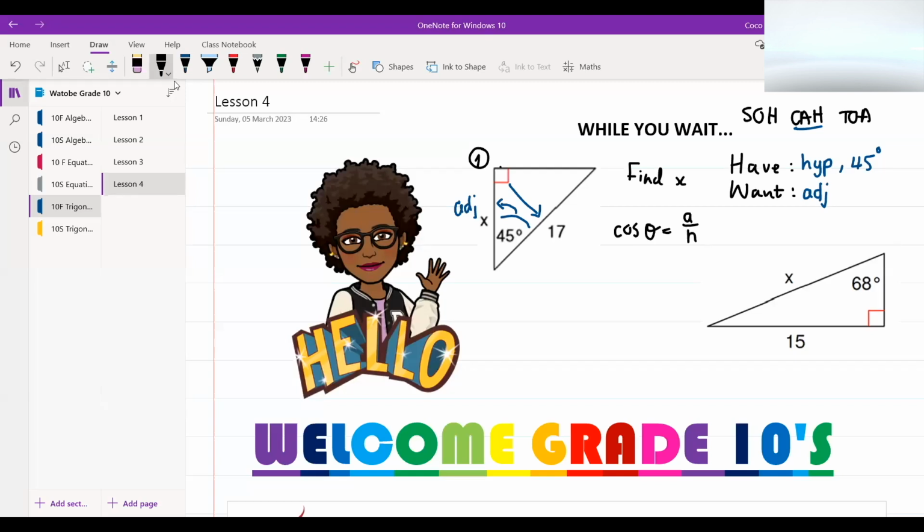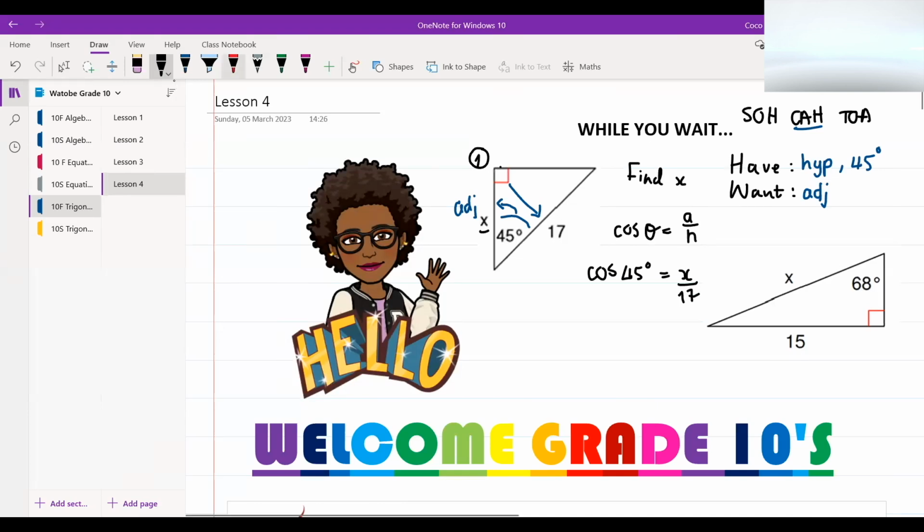Now, do I have my angle, guys? How much is my angle? My angle is 45 degrees. Good. So I'm going to go cos of 45 degrees is equal to, my adjacent is now called x, over my hypotenuse, which is 17.